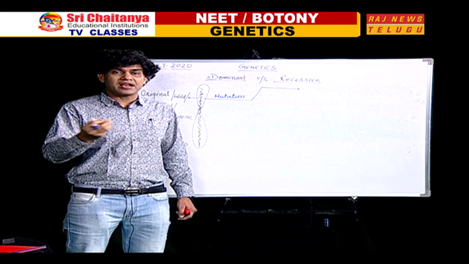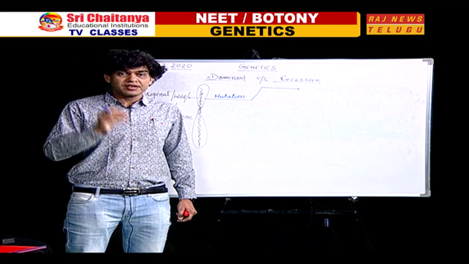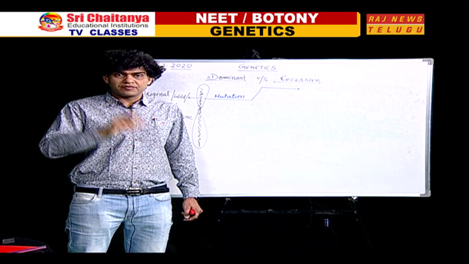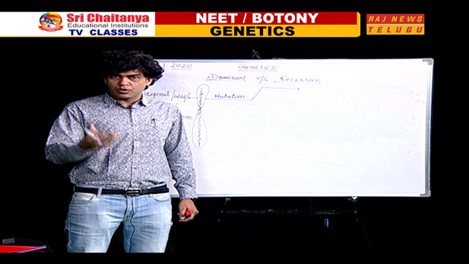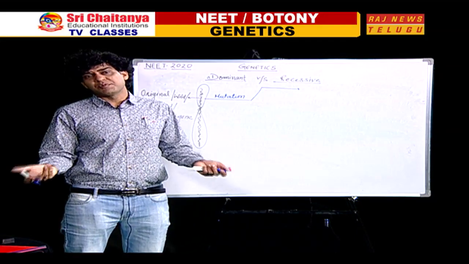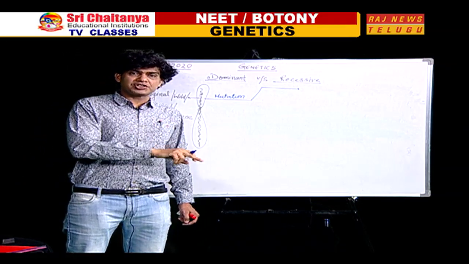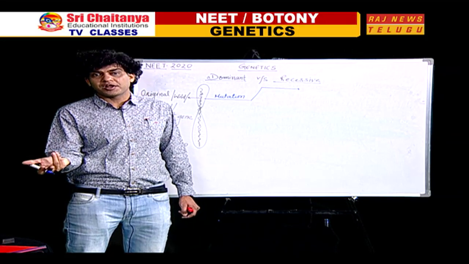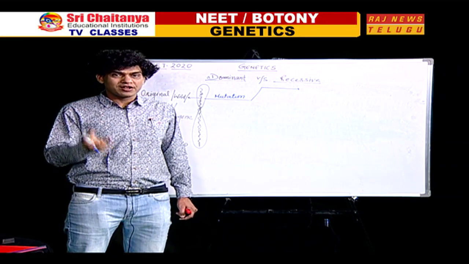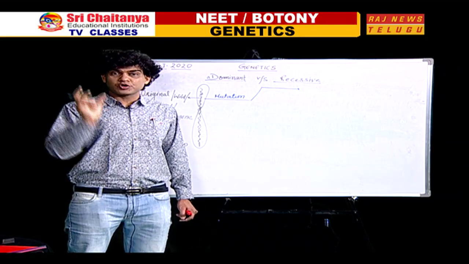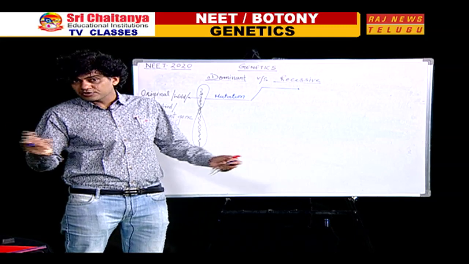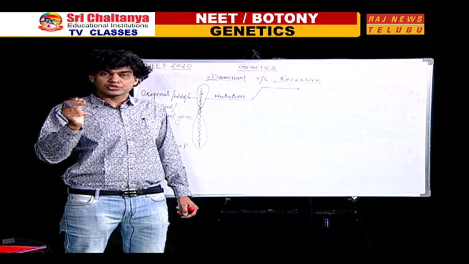In simple terms, after mutation, if any functional codon converts into a stop codon or nonsense codon, then such a mutation is called a nonsense mutation. It means whenever a nonsense mutation occurs, there would be no protein product, because stop codons are those genetic codes that stop the process of protein synthesis.